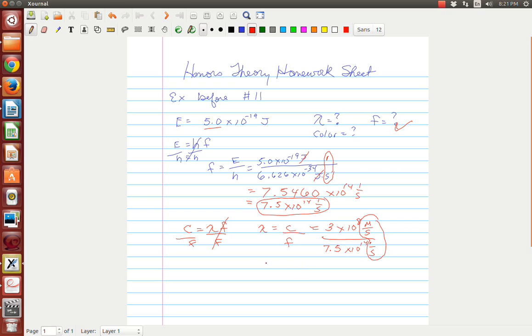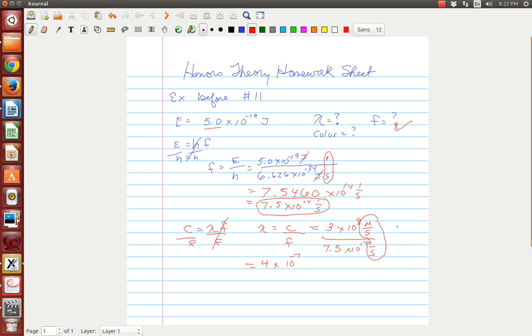This is where the unit is going to come from. And there are the numbers. Let's go ahead and get the numbers out. 3 second function EE 8 divided by 7.5 second function EE 14. I get 4 times 10 to the minus 7. Okay, what's my unit?